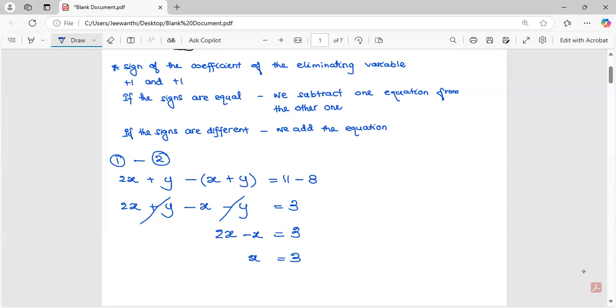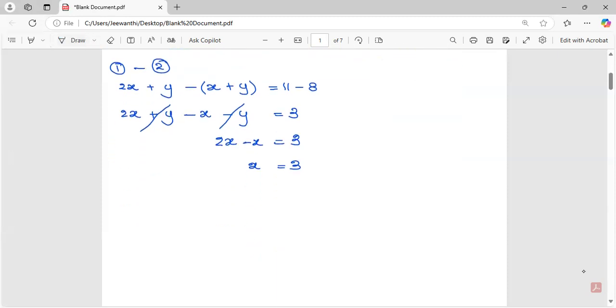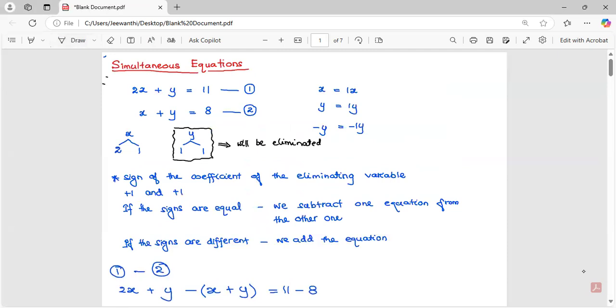So we found the x value. Once we are done with the x value, we write x is equal to 3. Now we consider equation 1 or 2. Again, no hard and fast rule. You can decide whether to use 1 or 2. Here I'm taking equation 2 because it's easier for me, just x and y.